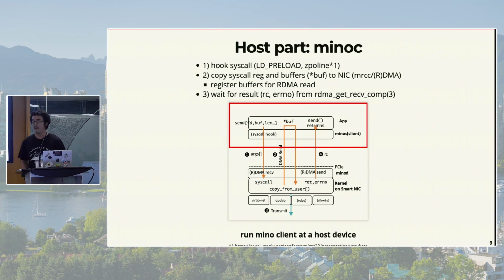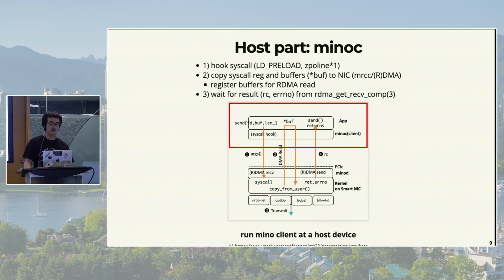So using this interface, how does it work in the typical use cases? On the host part, we have to use the minor client, the launcher program of this offloading function. This launcher program first tries to hook the system calls of the user space program.